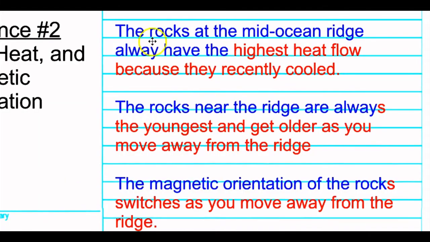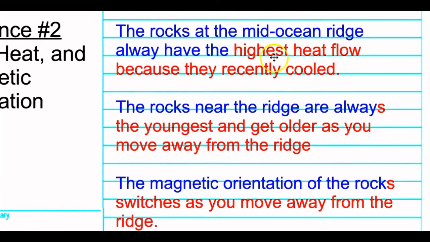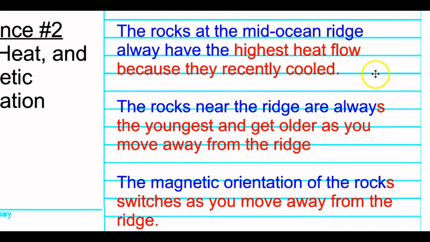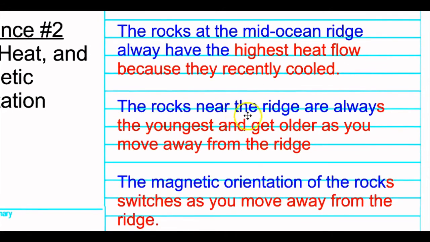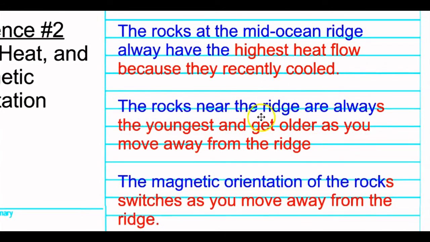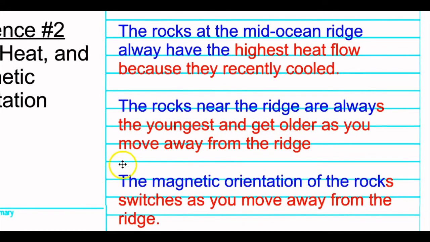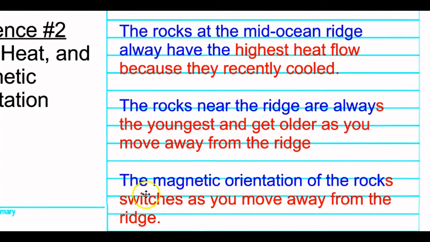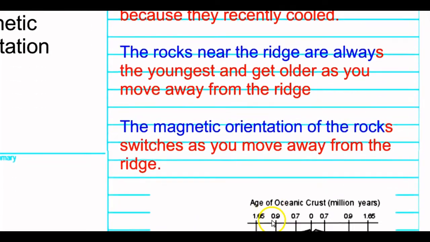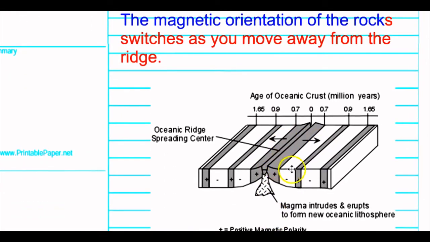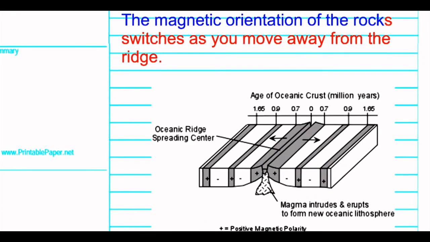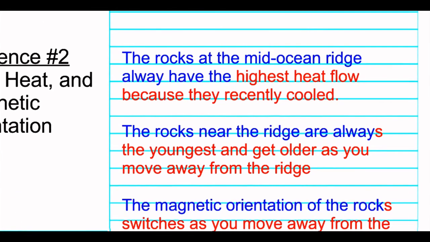And so based on that, you should be able to say, okay, now I can see why the middle would have the highest heat flow, because it recently cooled. The rocks near the ridge, near the middle, are always the youngest, and they get older as you move away from the ridge. Those outside ones are the oldest. And the magnetic orientation of the rock switches back and forth as you go along. Okay, so that's evidence number 2.